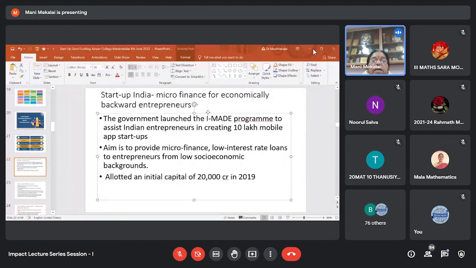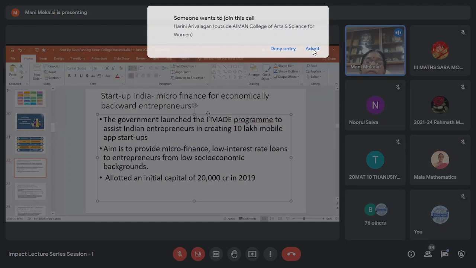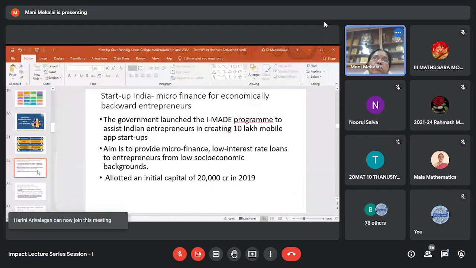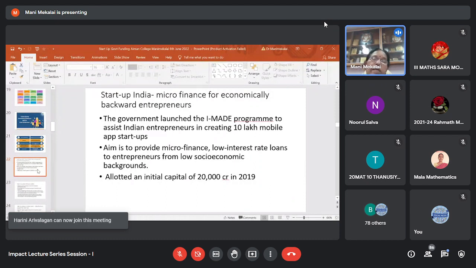Startup India is a microfinance scheme for economically backward entrepreneurs, because in rural and urban areas you have a huge number of working-class people who have no intention of going for entrepreneurial activities.